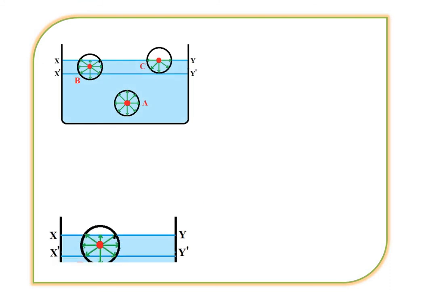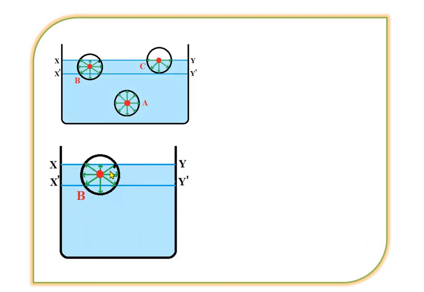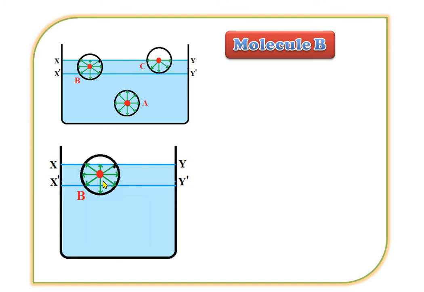This is the original diagram, and this is the magnified view; this one is molecule B. As molecule B lies within the surface layer below the free surface of the liquid, a larger part of its sphere of influence is inside the liquid and a smaller part is in the air.